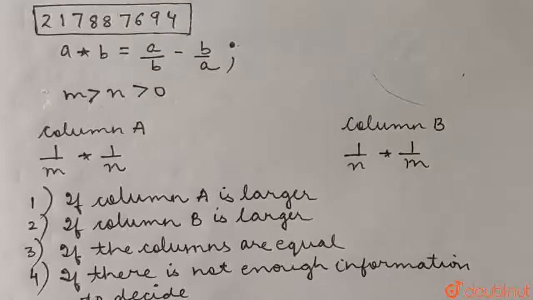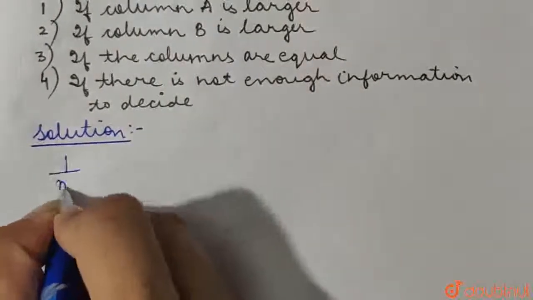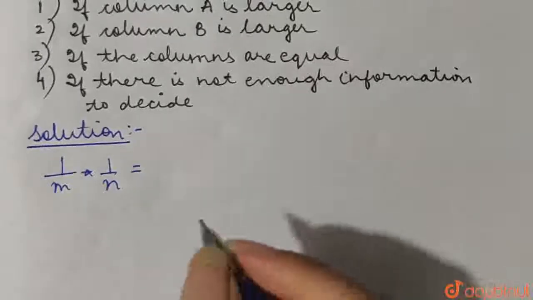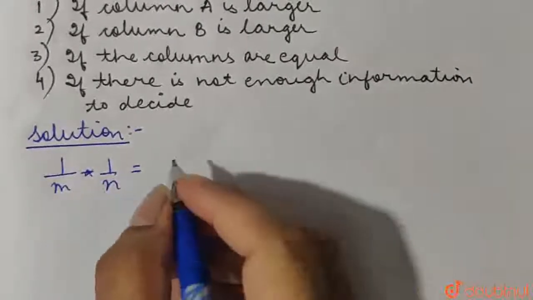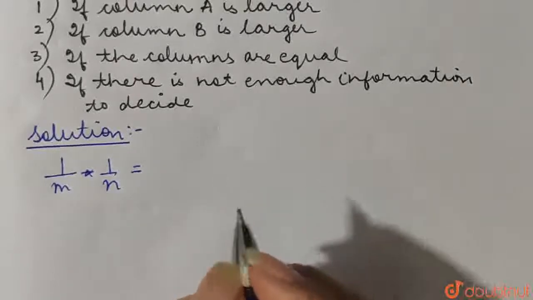Now let us define first 1 by M star 1 by N according to the definition given to us. So according to the definition, A star B is equal to A by B minus the reciprocal of this number.